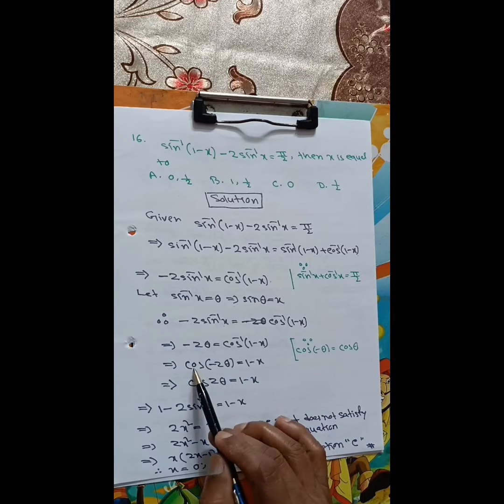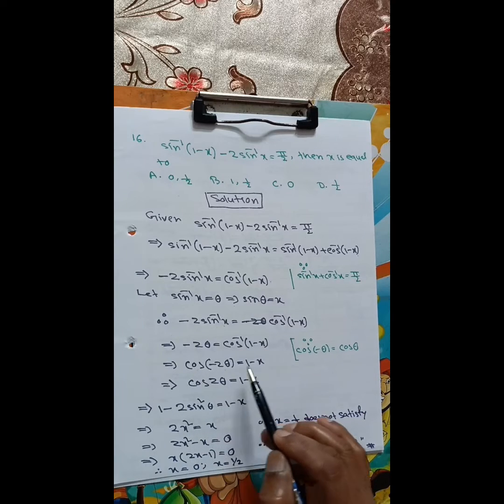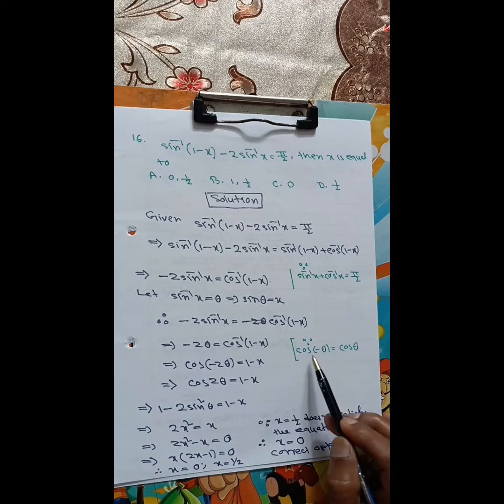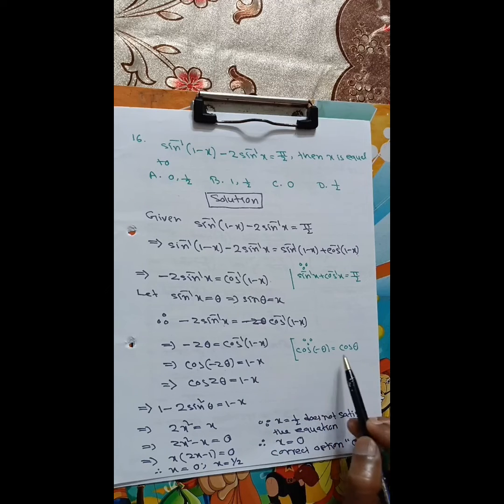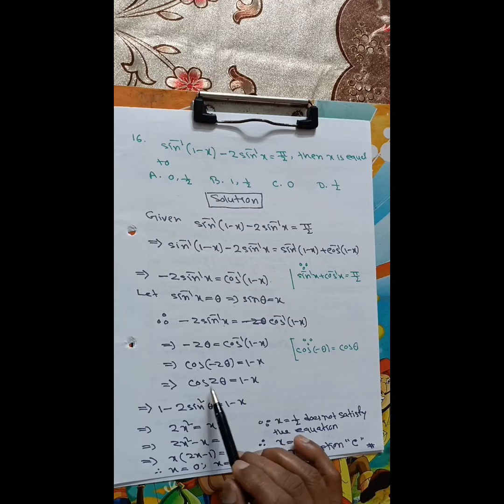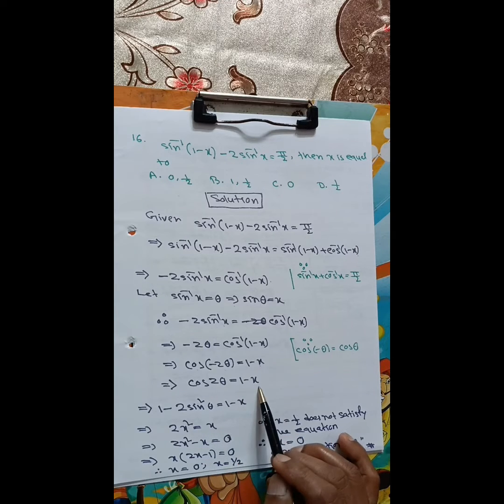Then cos comes to this side: cos of minus twice theta is equal to 1 minus x. Since we know cos of minus theta is equal to cos theta, and theta lies in the fourth quadrant where cos is always positive, we get cos twice theta is equal to 1 minus x.